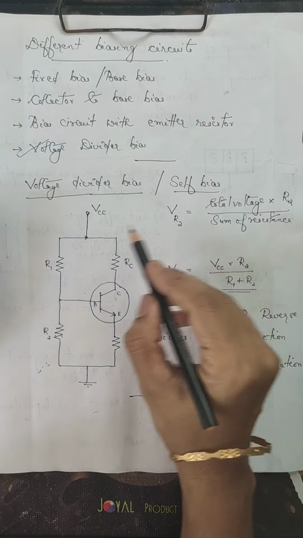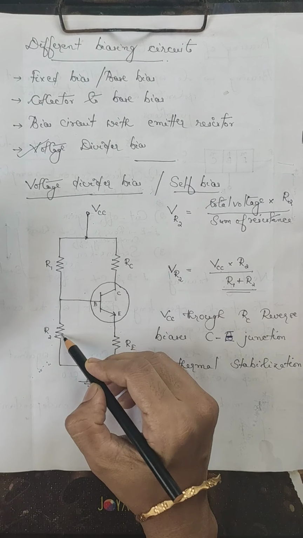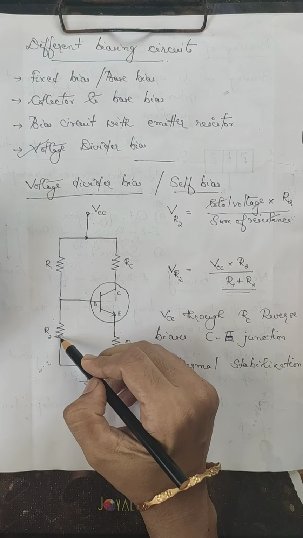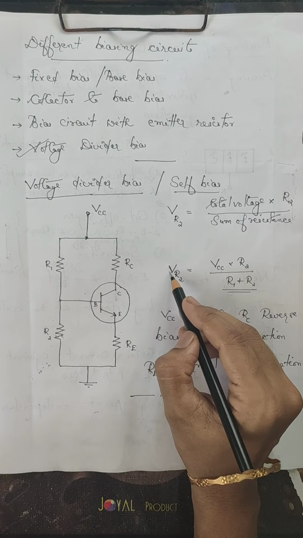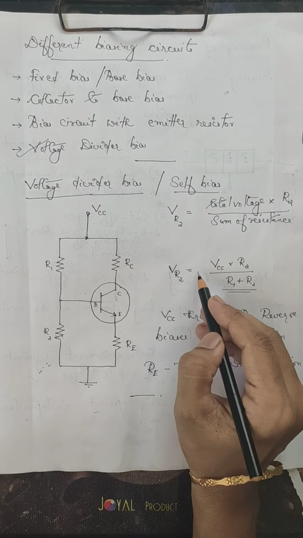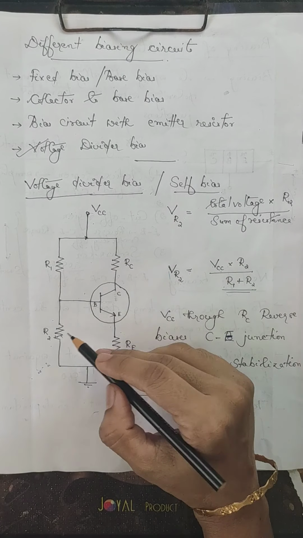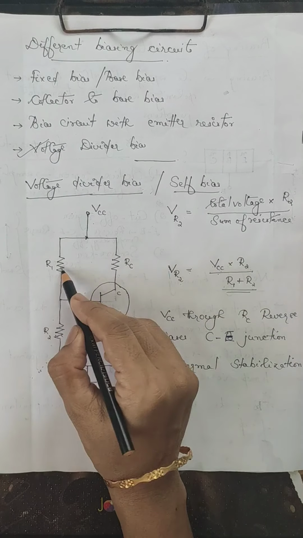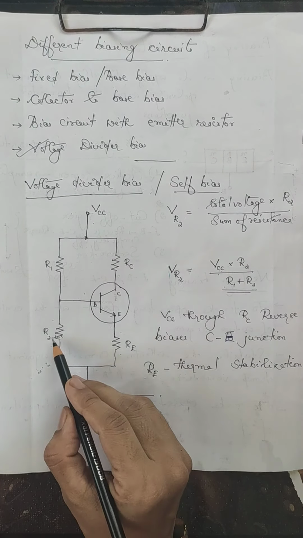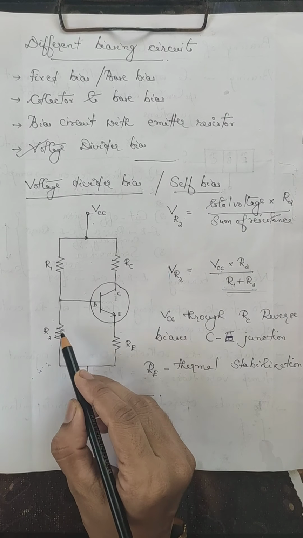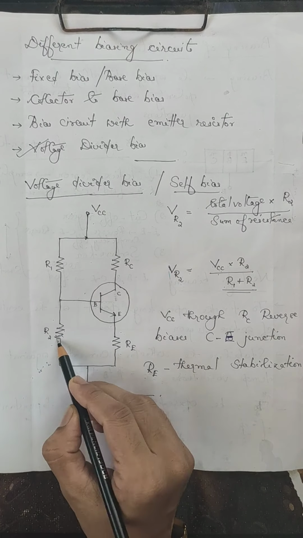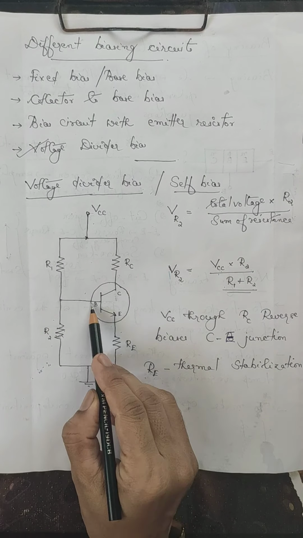Hence voltage across R2, VR2, is equal to VCC into R2 divided by R1 plus R2. This voltage VR2 helps to forward bias the emitter base junction.